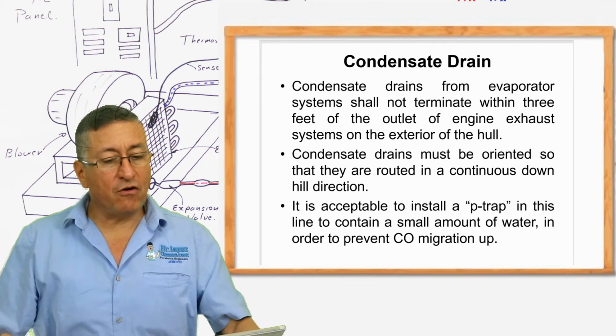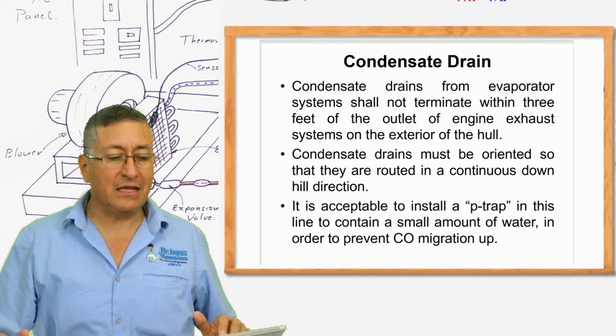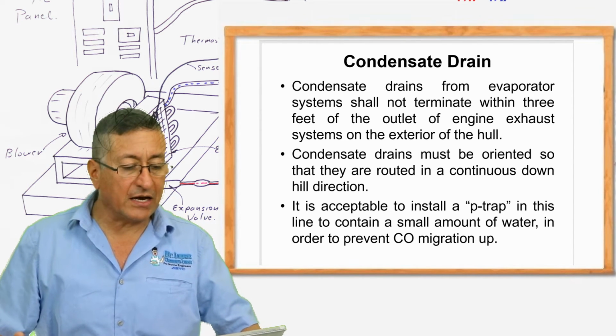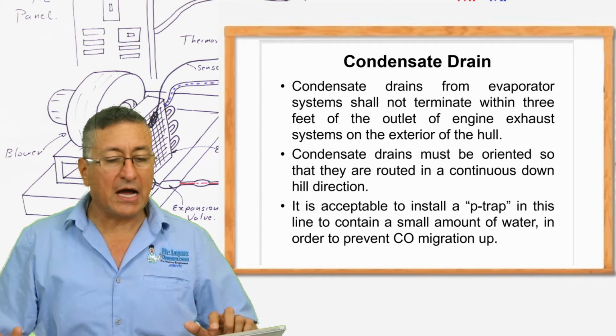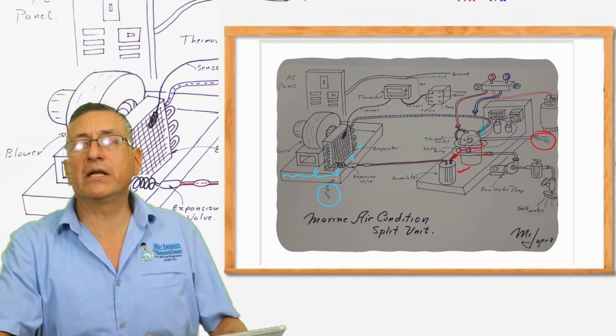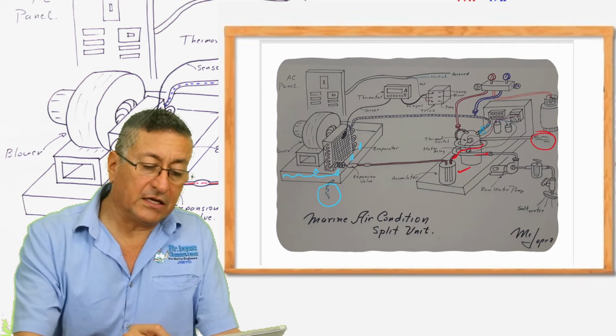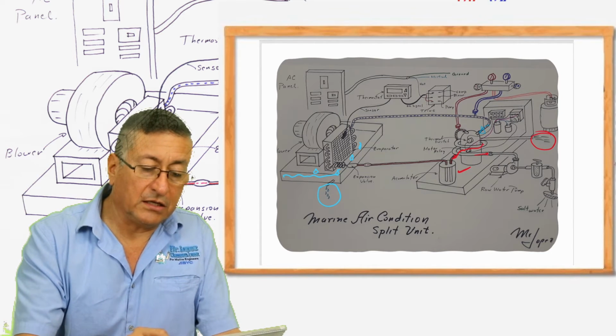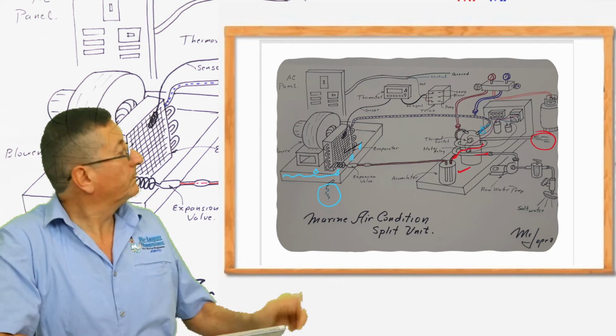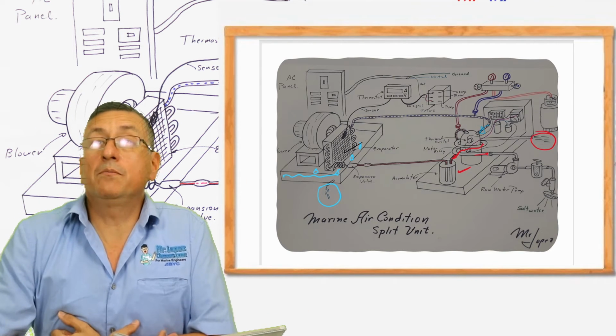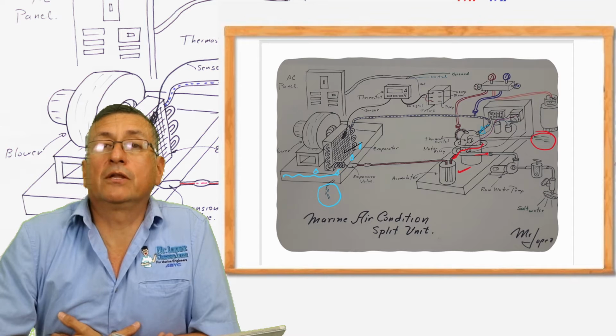The enemy of the operation of the evaporator is that people never replace the filter according to the intervals recommended by the manufacturer. Remember that the filter is located here, over there, at the input of the evaporator.